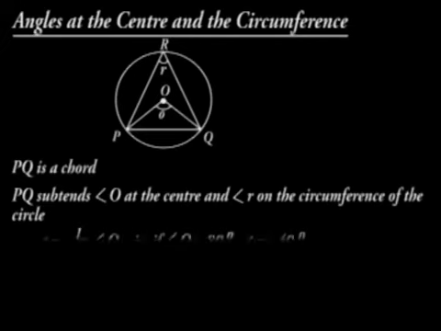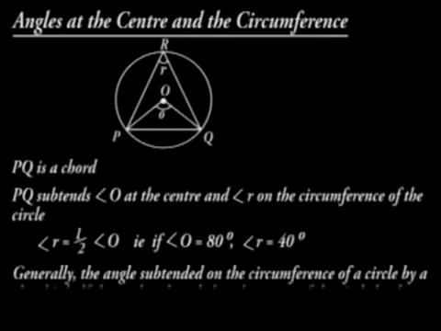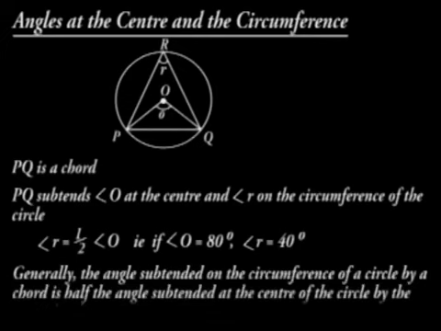Angle R is equal to half of angle O. That is, if O is 80 degrees, R is 40 degrees. Generally, the angle subtended on the circumference of a circle by a chord is half the angle subtended at the center of the circle by the same chord.